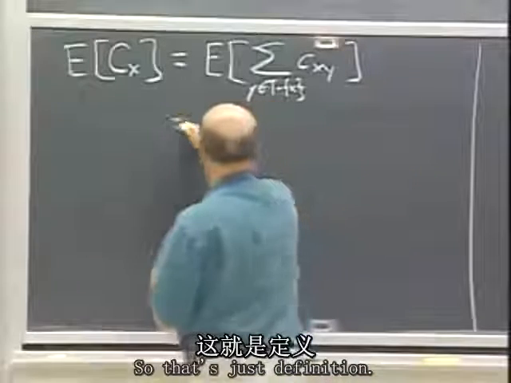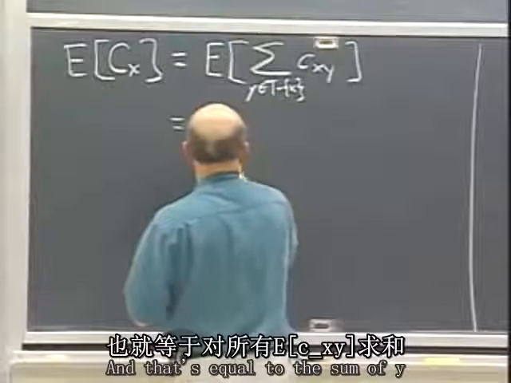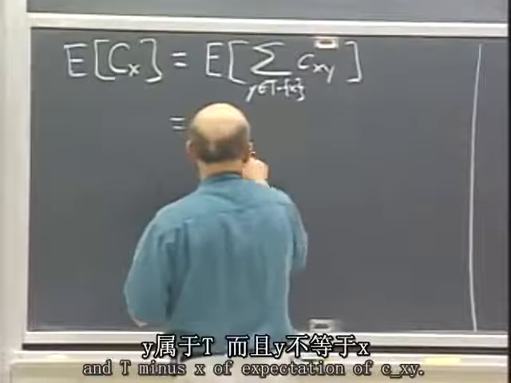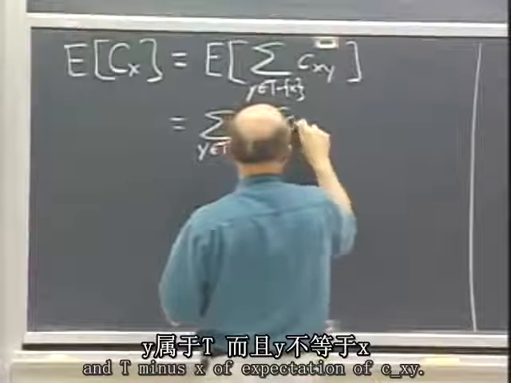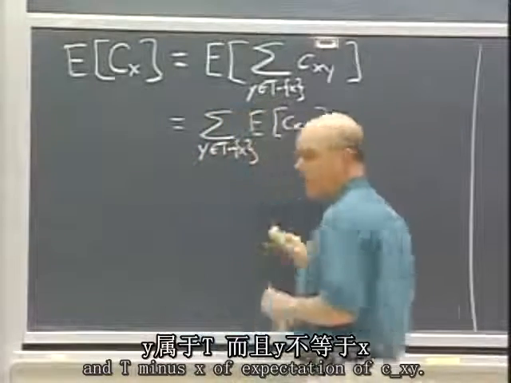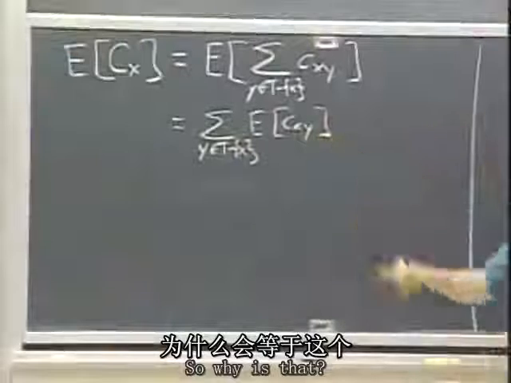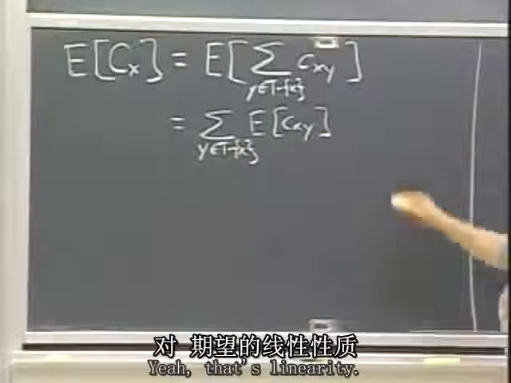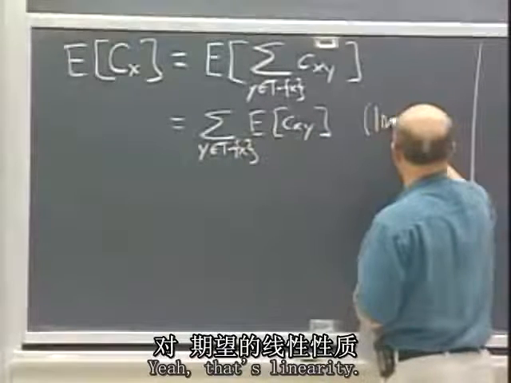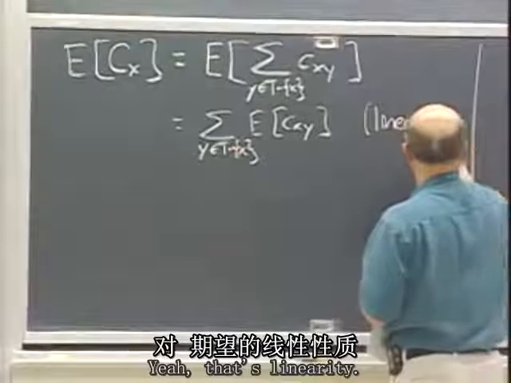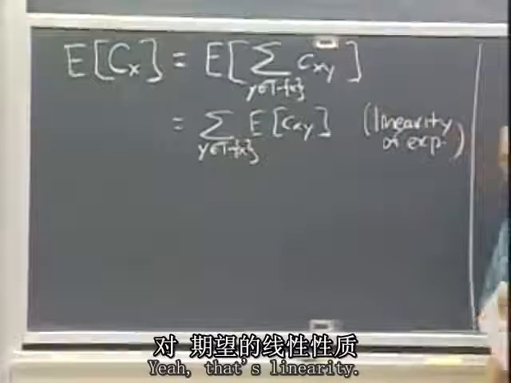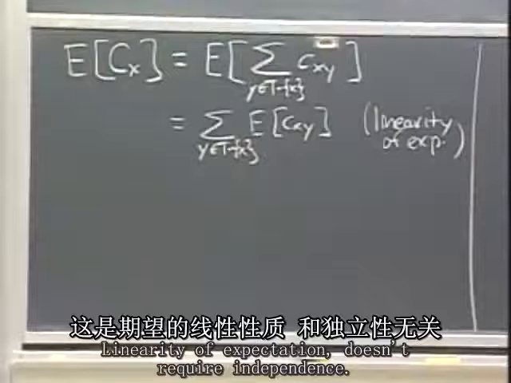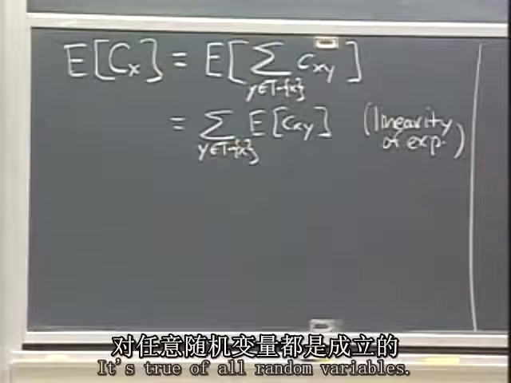And that's equal to the sum over y in t minus x of the expectation of cxy. So why is that? Yeah, that's linearity. Linearity of expectation doesn't require independence. It's true of all random variables.